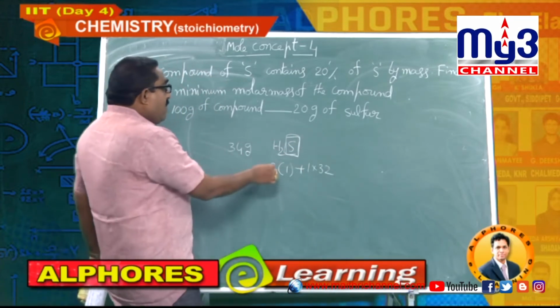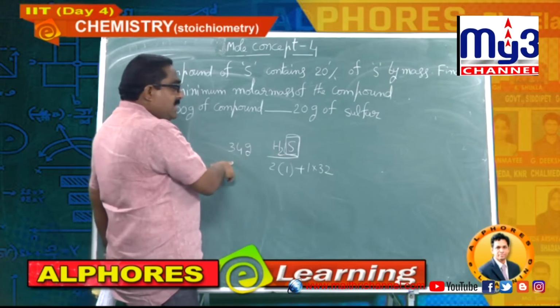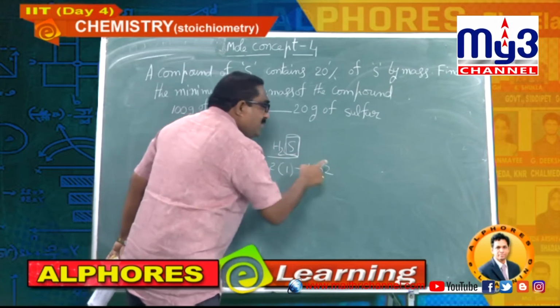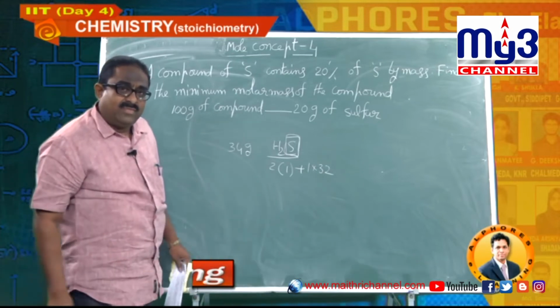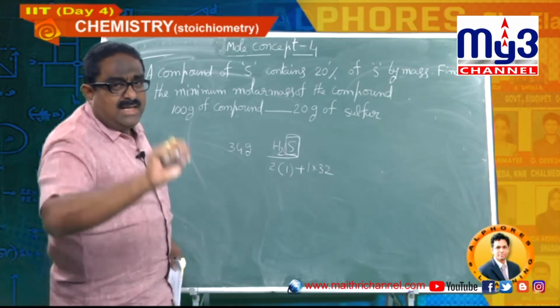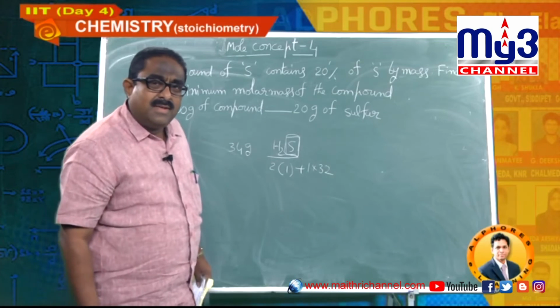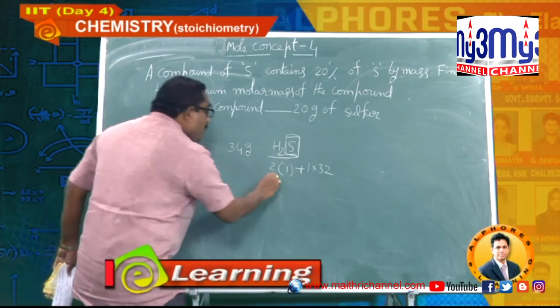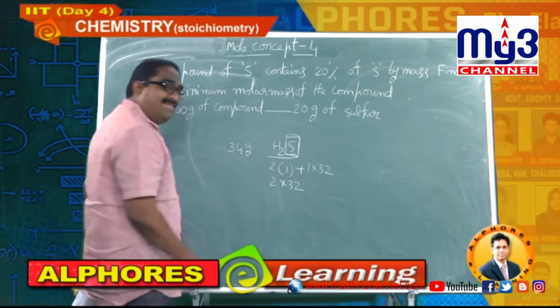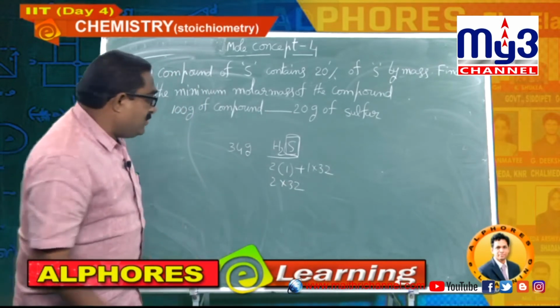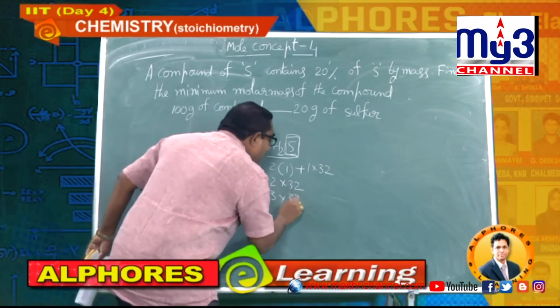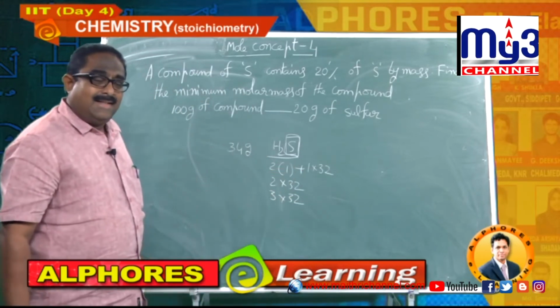So that's why while calculating the molar mass, you have added 1 into 32. In some other substance, if 2 sulfur atoms are there in the formula, then you have to add 2 into 32. If 3 sulfur atoms are there in the formula, what you have to do? You are going to write 3 into 32 like this.